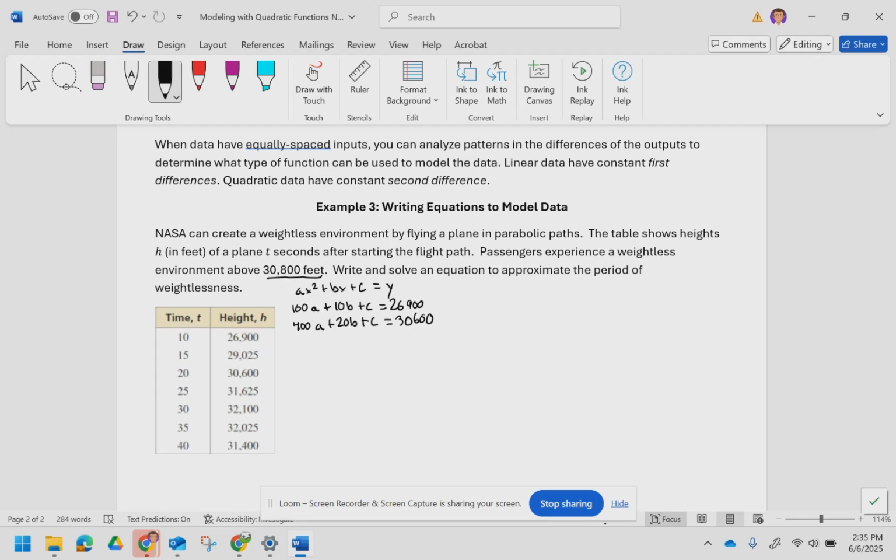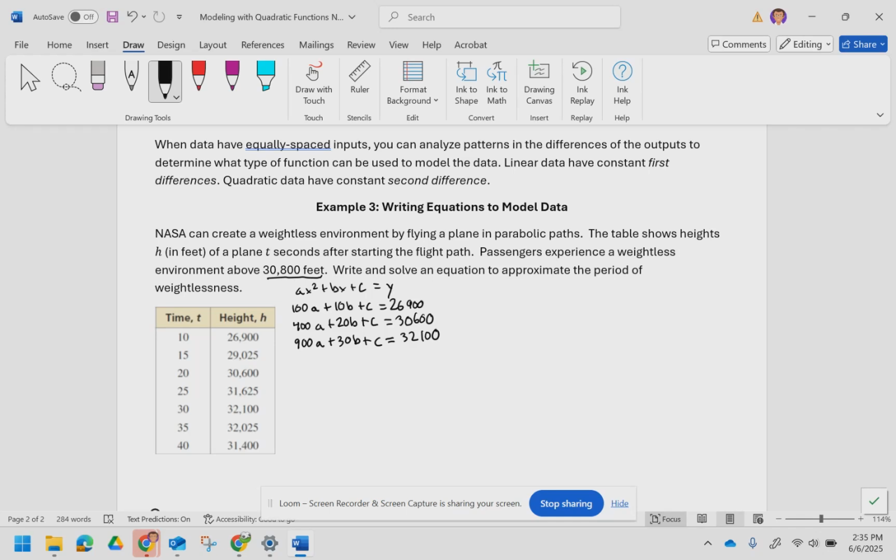And once again, let's use nice round numbers, so we'll jump to 30. 30 squared is going to be 900a plus 30b plus c is equal to 32,100. All right, so we have our three equations ready for us to solve.